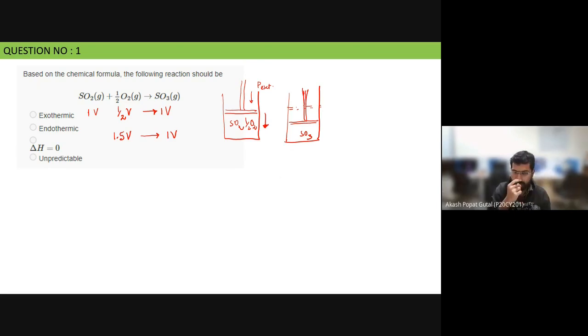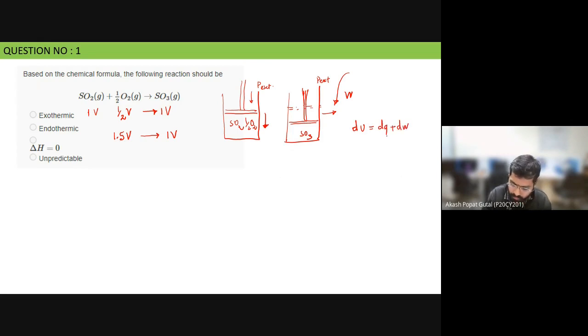So what is happening here is that work is done by the external pressure on the system. According to the first law, the work goes inside the system, that is dU equals dq plus dw.